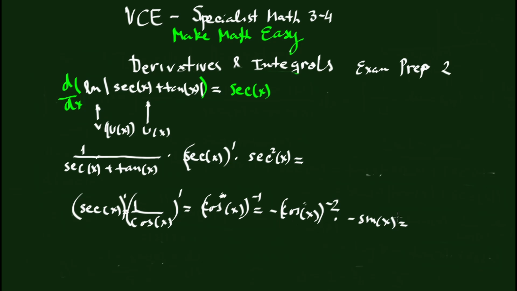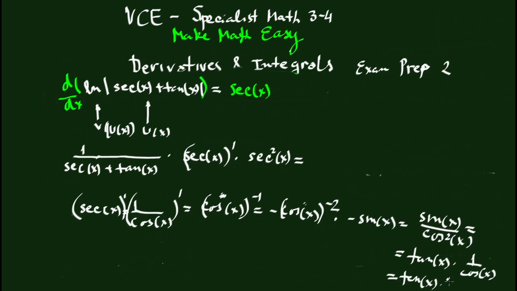So sine times negative, positive, so we get left with sine of x over cosine square of x. And sine over cosine is tangent, so we have tangent of x times 1 over cosine of x, which brings us to tangent of x times secant of x.